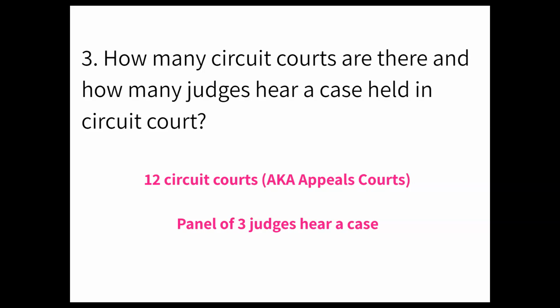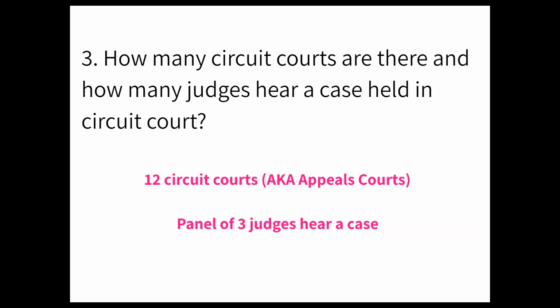There is no trial, there is no jury, there is no testimony given in the circuit court, just a strict review of the facts of a case and the decision of the lower court to see if it was correct.